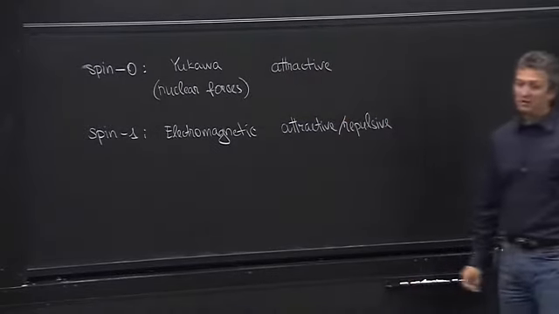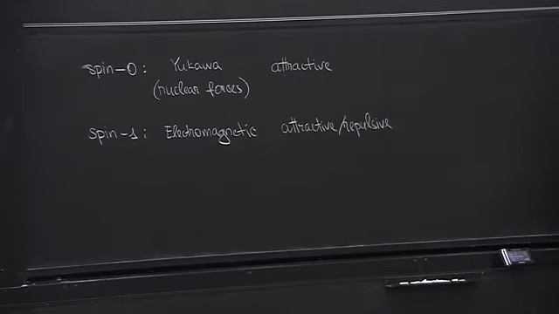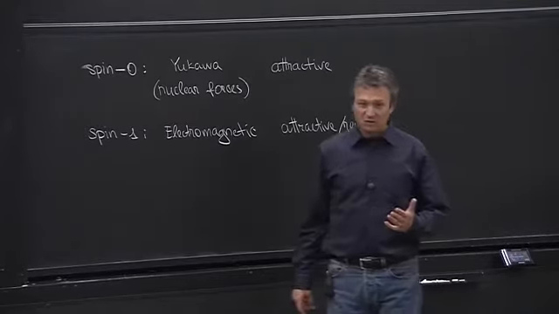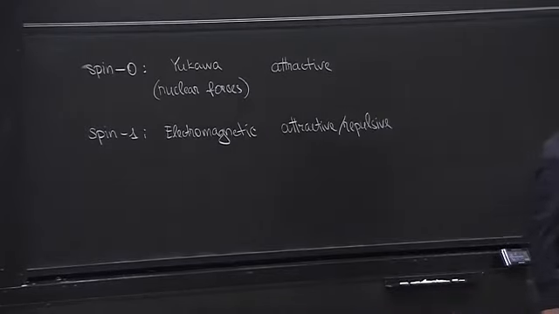Oh, by the way, one may wonder if this type of scalar interactions could actually be repulsive? Well, you can see that they couldn't, because if you change the sign of g, g squared will still be positive.